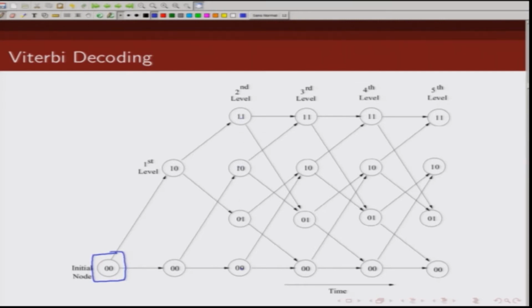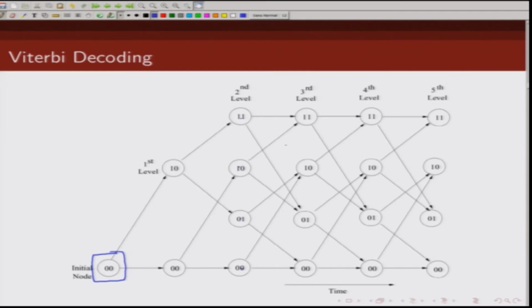Until you reach time t equal to 2, which is the memory order of this code, we will see that the number of states is getting doubled. Initially there was only 1 state, the all 0 state, then you had 2 states, and then you had 4 states. From each state there are 2 branches leaving that particular state. And once your time becomes more than m, then at each state there are 2 branches which are merging.